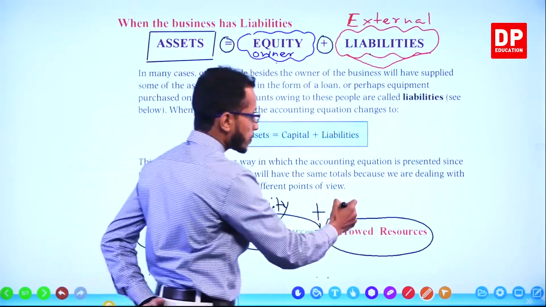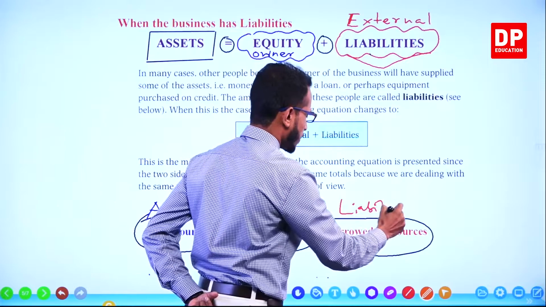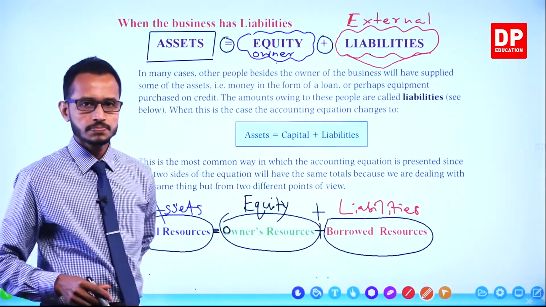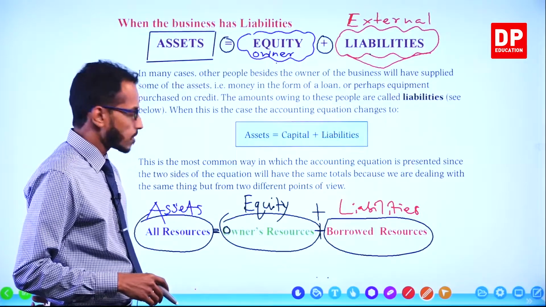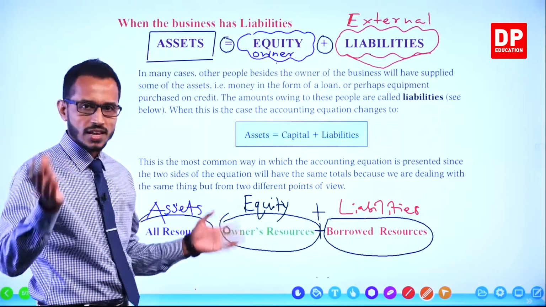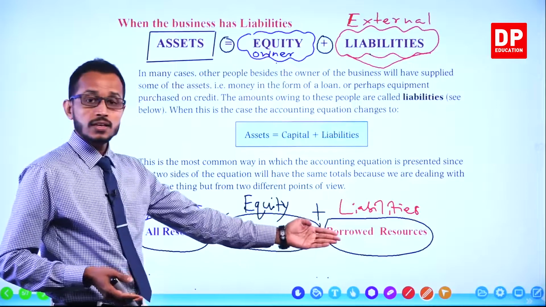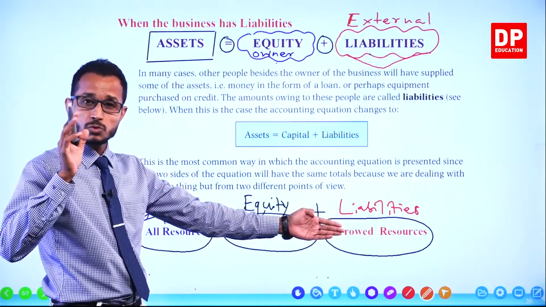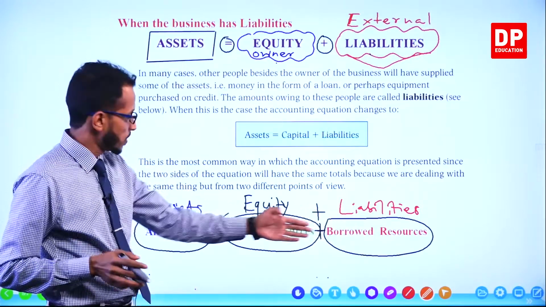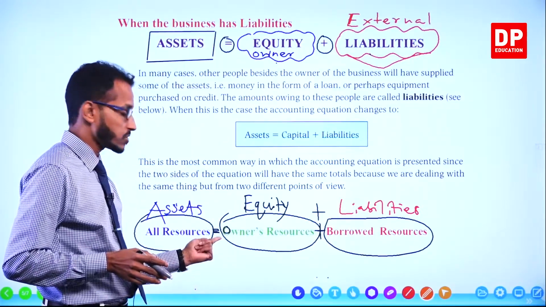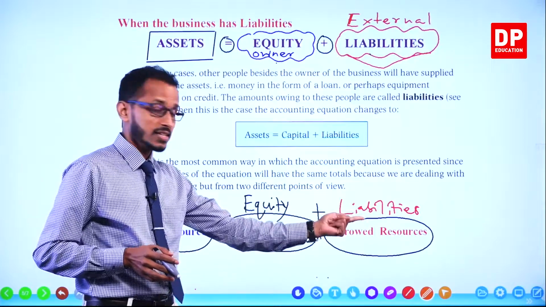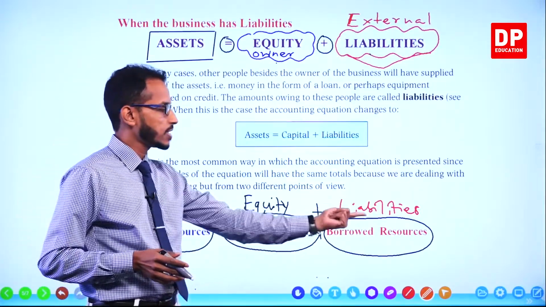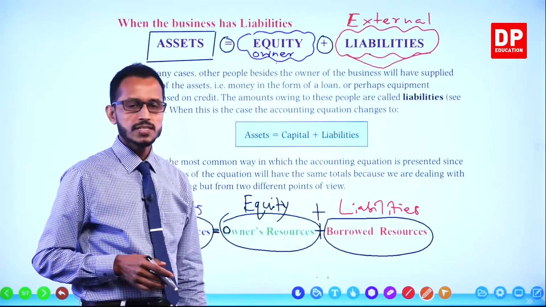Borrowed resources are called liabilities. Excellent. So, likewise, we learn the most common equation that you will use mostly. Assets equals capital plus liabilities, or assets equals equity plus liabilities.